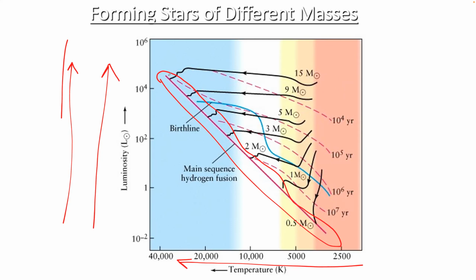And if a star has a considerable amount of mass, for example, 15 solar masses, then those stars will move on to this top left part of the main sequence. Basically, what that means is these stars will have a higher temperature and a higher luminosity.